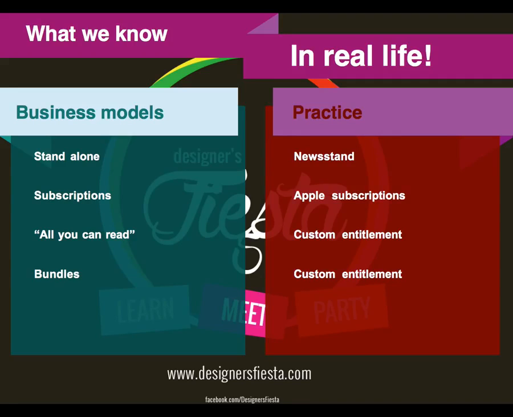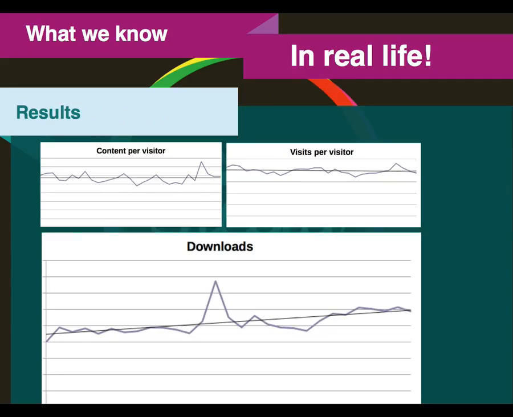And if you create a custom entitlement, all kinds of crazy options open up. You can bundle these different magazines together and eventually try to make a more appealing proposition towards the customers. But eventually, what we have found is that the content download per visitor didn't increase dramatically after we started adding interactive content, and neither did the visits.